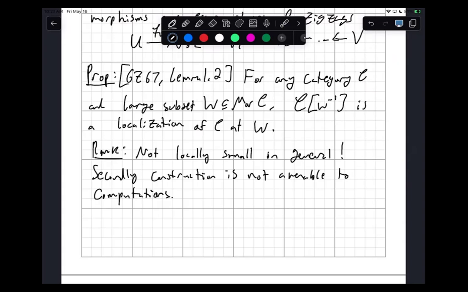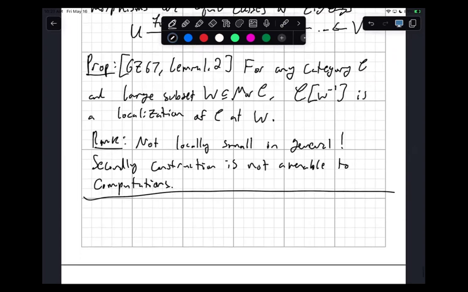Okay, so I just wanted to say that. Just know that a localization always exists, but sometimes the actual construction is not very nice. A lot of times what you can do is find different models that are more amenable for computation. That's what actually happens in practice. But you should know that it always exists, at least.